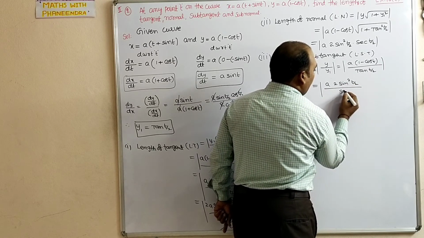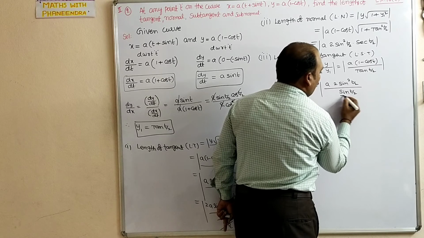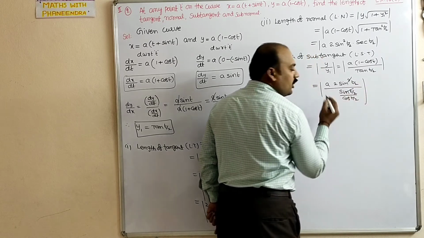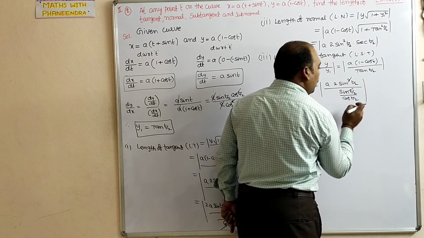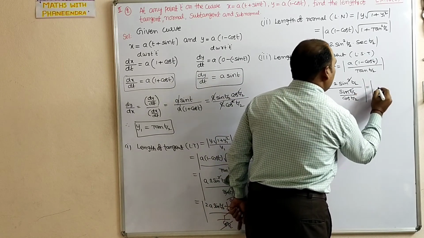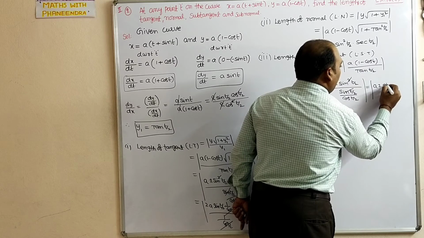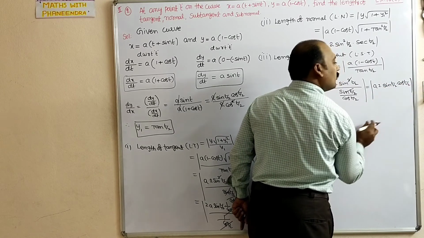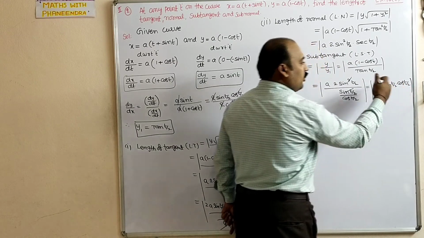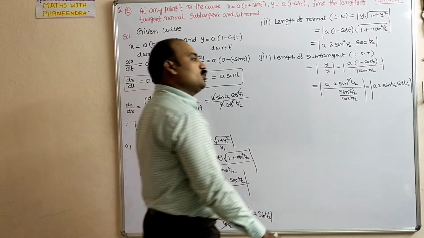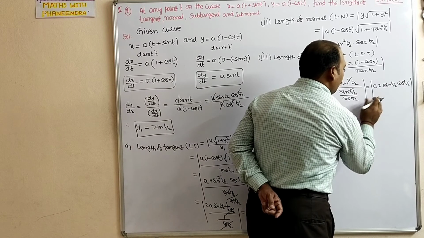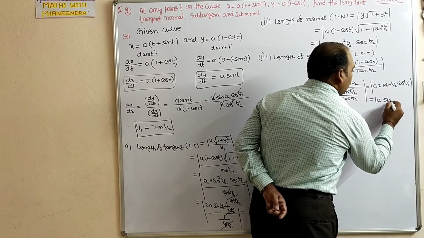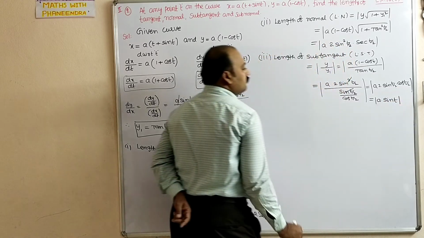Tan t by 2 can be written as sin t by 2 by cos t by 2. One of the sin t by 2 cancels, and the denominator becomes the numerator. So a into 2 sin t by 2 into cos t by 2, which is in the form of 2 sin a cos a, which is sin 2a. So sin 2 into t by 2 is equal to a into sin t.